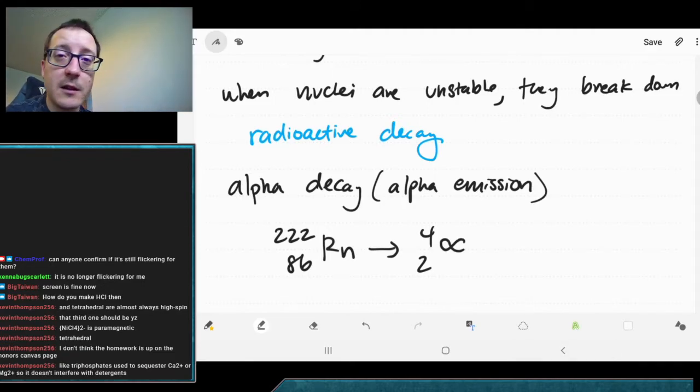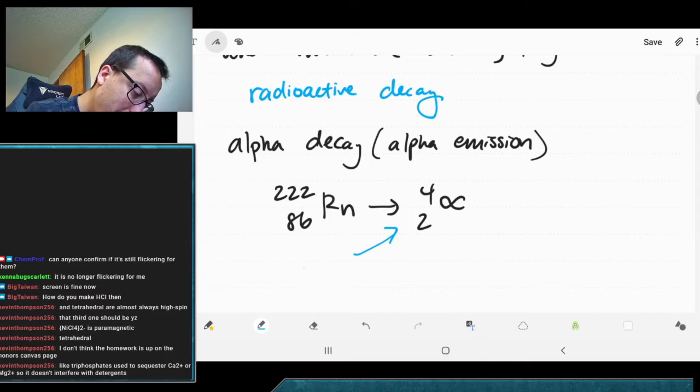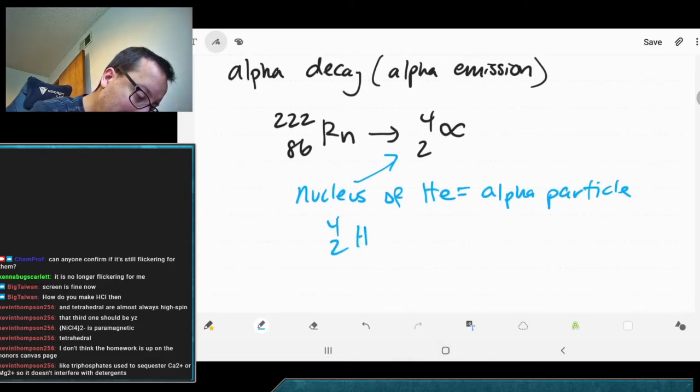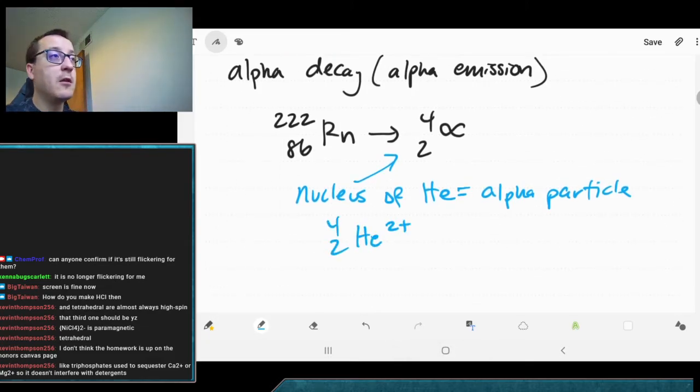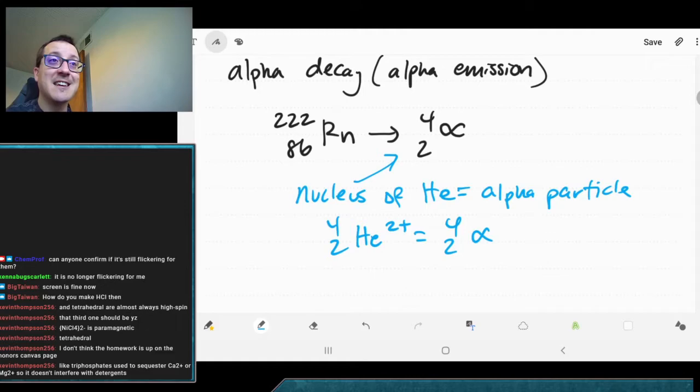An alpha particle is the nucleus of a helium atom. So you might see it written as the nucleus of a helium atom like that. But very often you'll just see it as alpha.